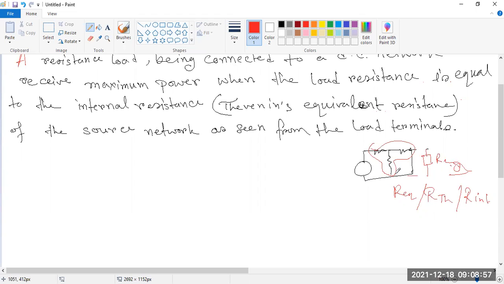So this is your internal resistance, and whenever you open this, you can see an open circuit voltage across this terminal. This VOC is your Thevenin voltage or open circuit voltage.